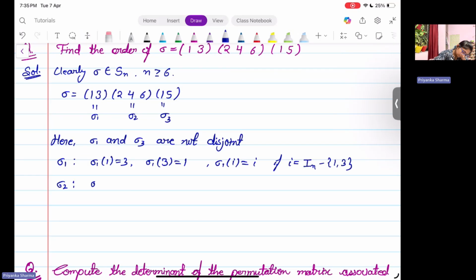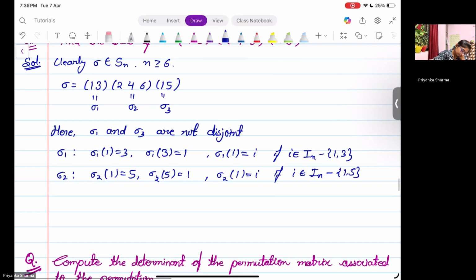And sigma 3 of 1 is 5 and sigma 3 of 5 is 1. Also sigma 3 of i is i if i belongs to I_n minus {1, 5}. That's it.